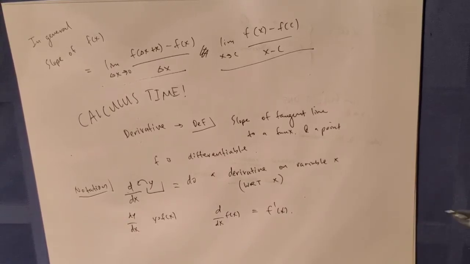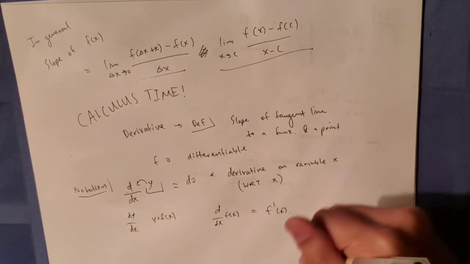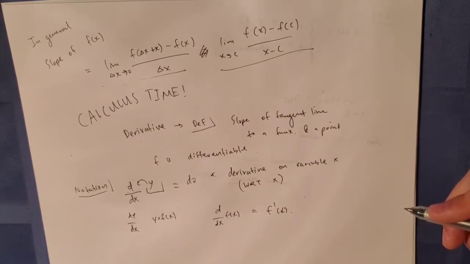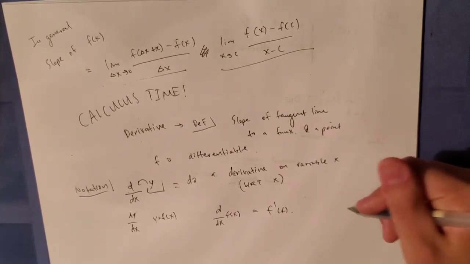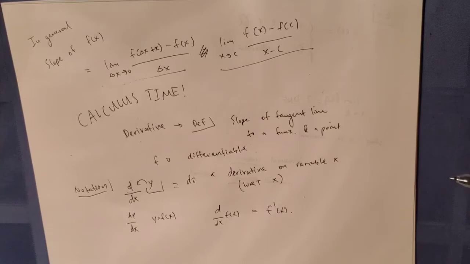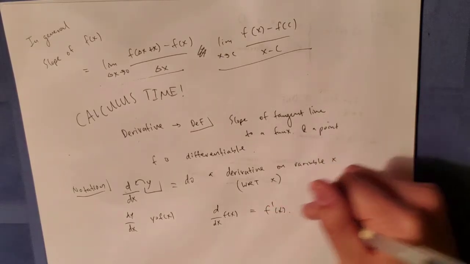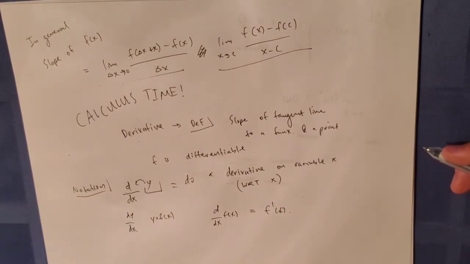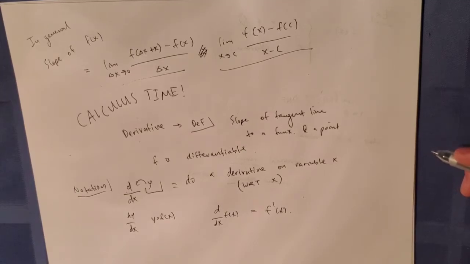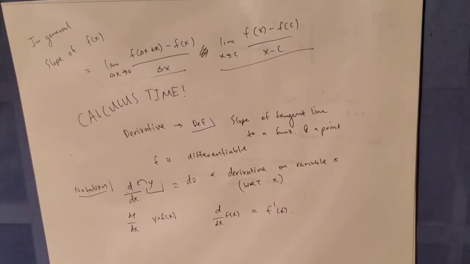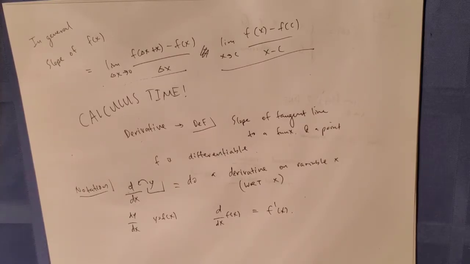However, it's a little bit more confusing because you don't know if you're doing the derivative with respect to x or some other variable. But right now we're only doing single variable derivatives, so it should be pretty clear that when we write f prime of x, we're going to be doing derivatives with respect to x. And for this Corona calculus series, we'll be just using f prime of x most of the time. Okay.